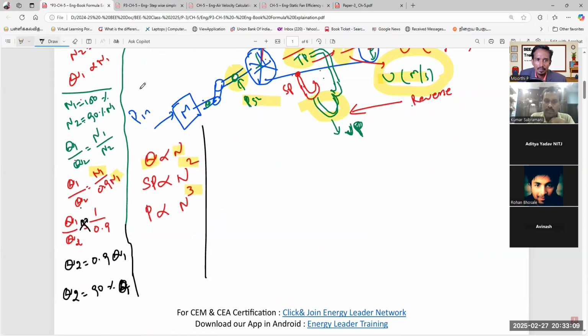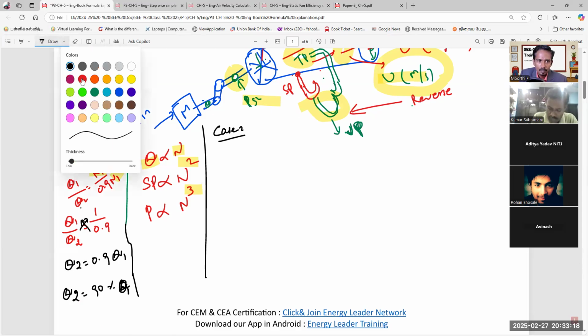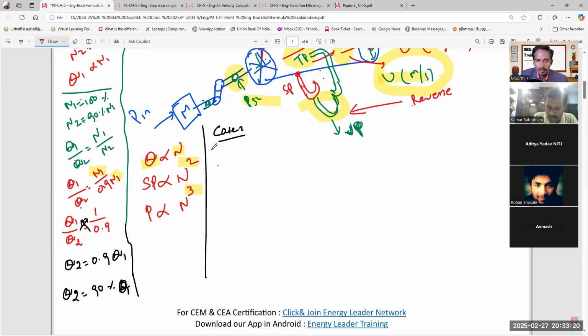Case 2 we have to write. N1 is 100%. What is N2 equal to? Same, 10% decrease, so 90% of N1.